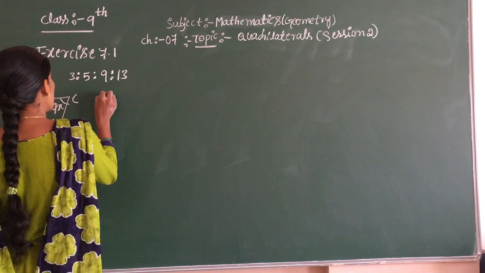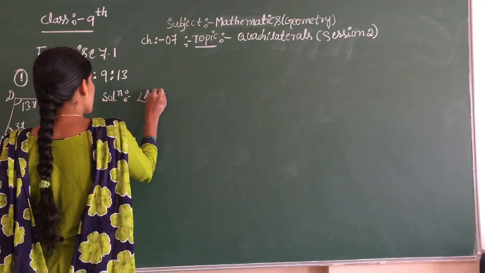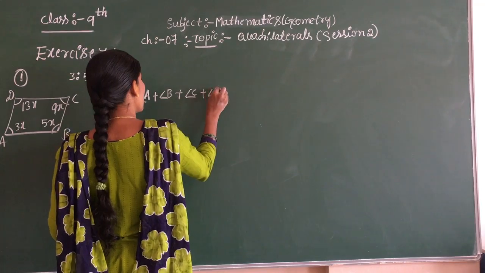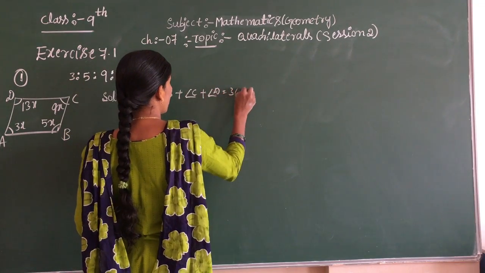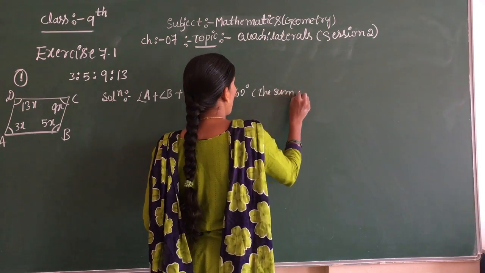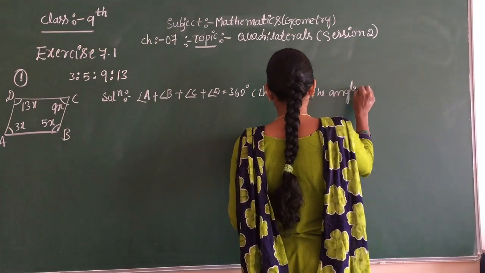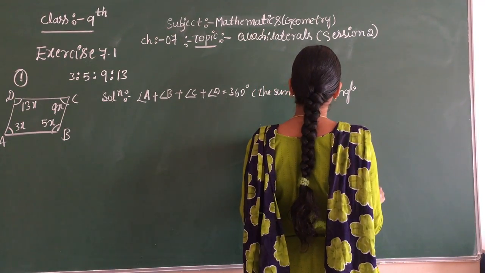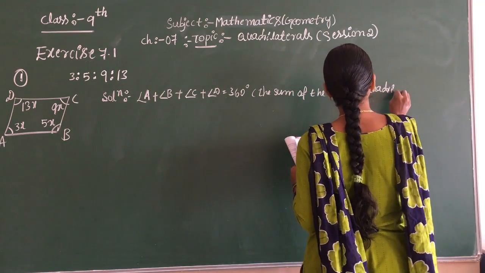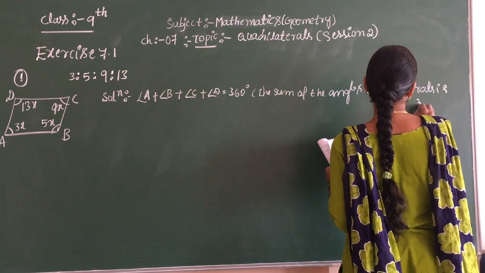Therefore, solution: angle A plus angle B plus angle C plus angle D is equal to 360 degrees. So the sum of the angles of a quadrilateral is 360 degrees.